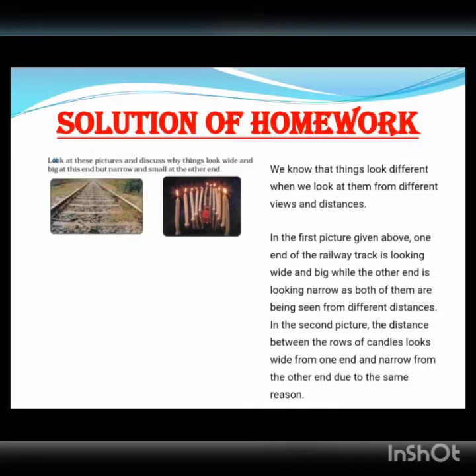We know that things look different when we look at them from different views and distances. In the first picture given above, one end of the railway track is looking wide and big, while the other end is looking narrow, as both of them are being seen from different distances.